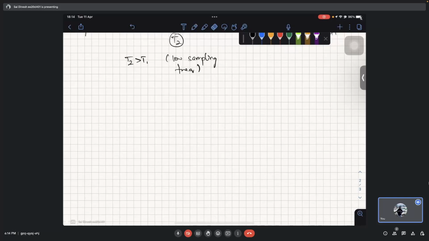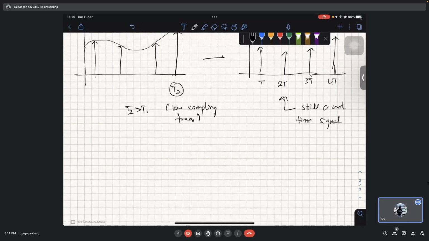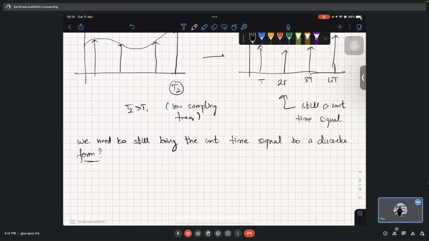Okay, I forgot to do one thing. This is actually still a continuous time signal. So we need to still bring the continuous time signal to a discrete form.